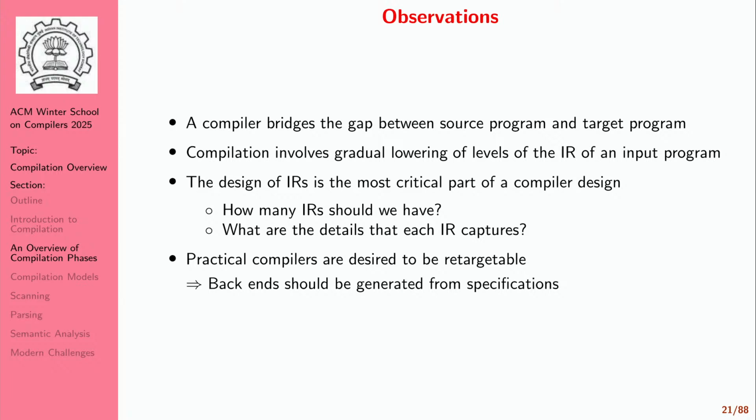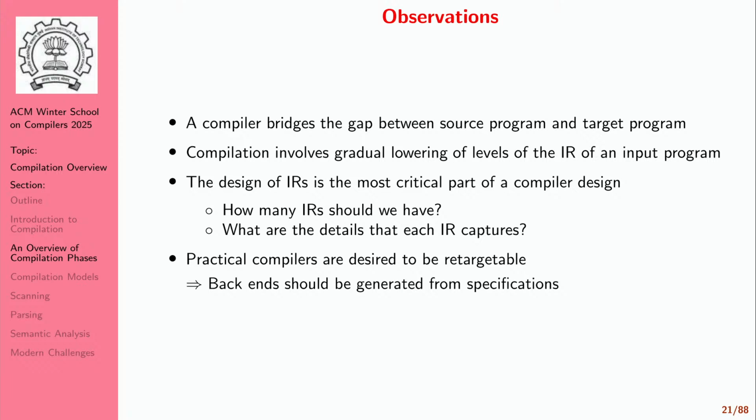So, what kind of a specification could it be? The specification could be the registers, the addressing modes, different instructions, structures of the instructions, etc. So we could specify these details, and eventually we can give the structure of the final output that we want, and then we can have a tool which takes this input and generates a backend.